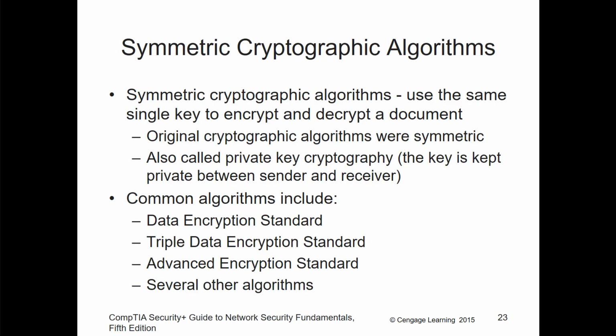So moving into symmetric and asymmetric, a symmetric cryptography algorithm uses the same key for encryption and decryption. Common algorithms include things like DES, Data Encryption Standard, Triple DES, or Triple Data Encryption Standard, the Advanced Encryption Standard, AES, as well as other algorithms.